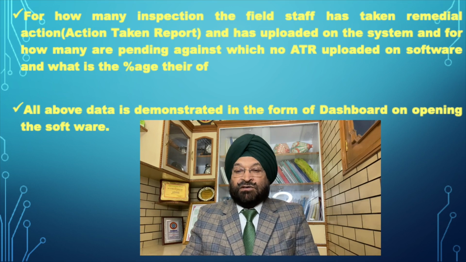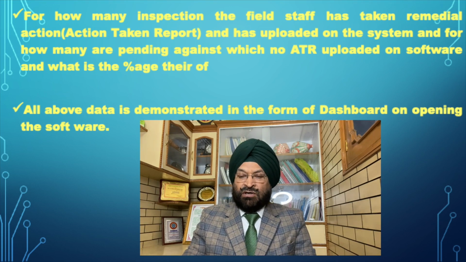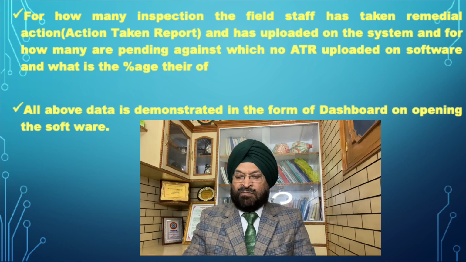Then for how many inspections has the field staff taken remedial action? Inspections are okay, but the removal of the deficiencies or the observations made by the officer, and their rectification, is a necessary part of the inspection. Otherwise, there is no use.